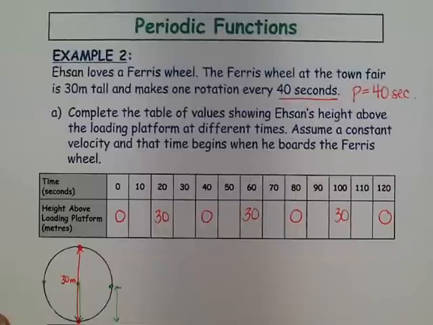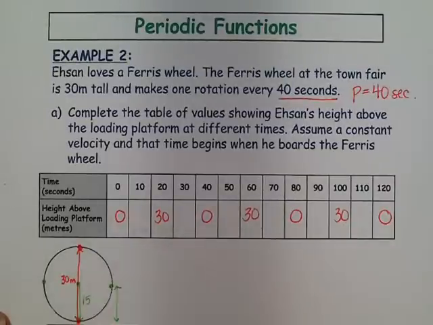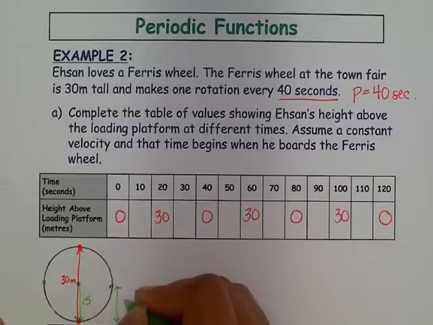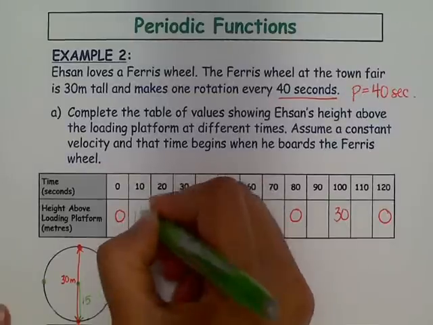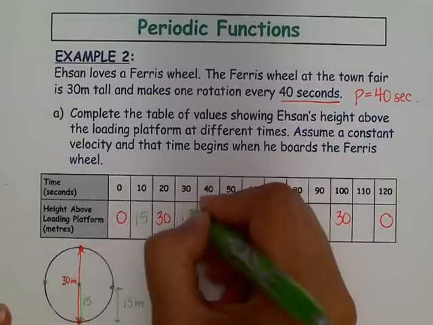And what that distance also represents is the radius of the circle. So if the diameter is 30, that means that the radius must be 15. So 1/4 of the way and 3/4 of the way through one rotation, he's actually 15 meters above the ground. So at 10 seconds, he'll be at 15 meters. And at 30 seconds, he'll be at 15 meters again.